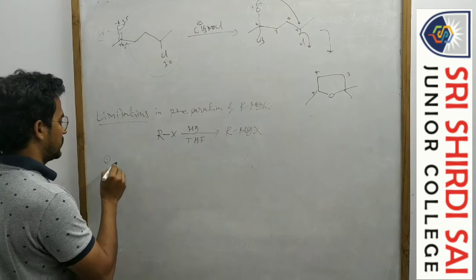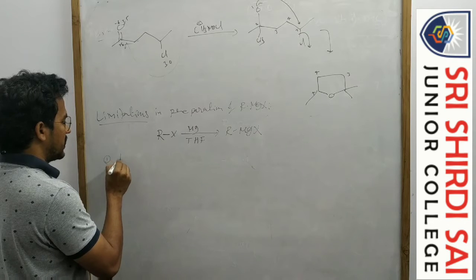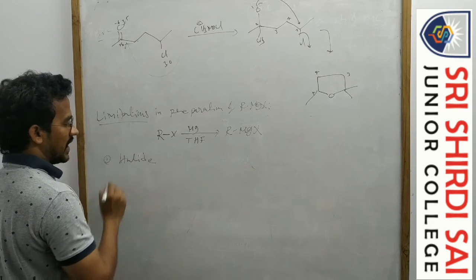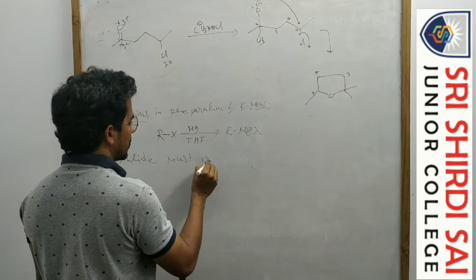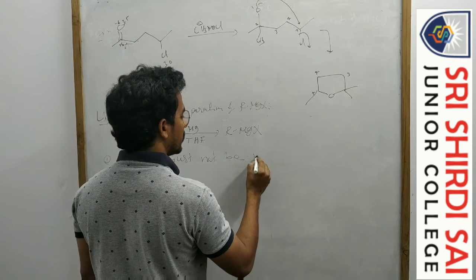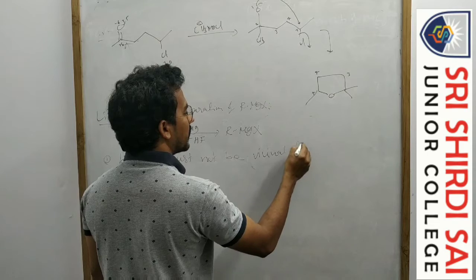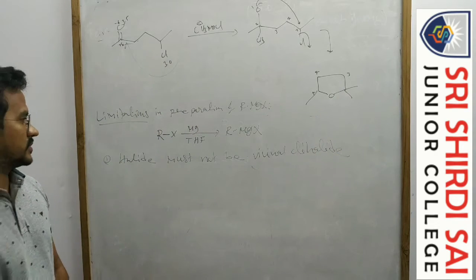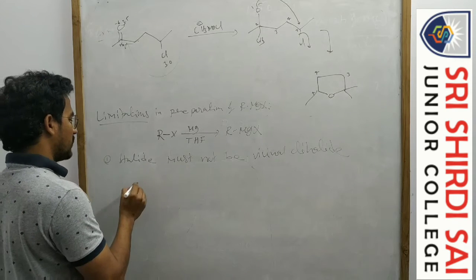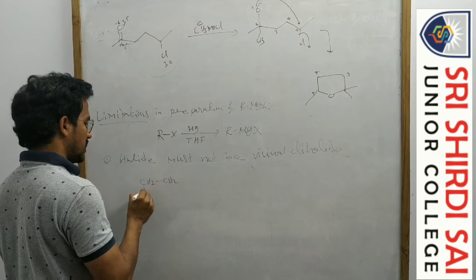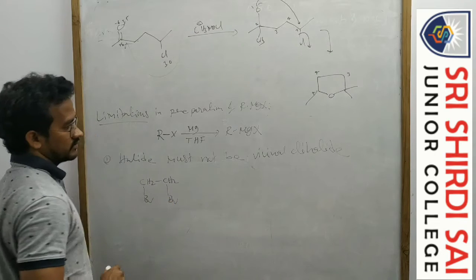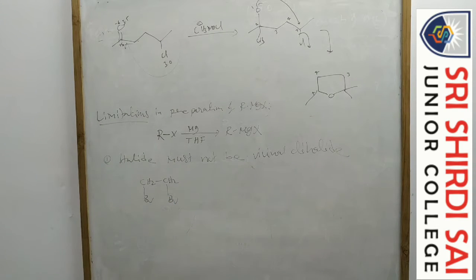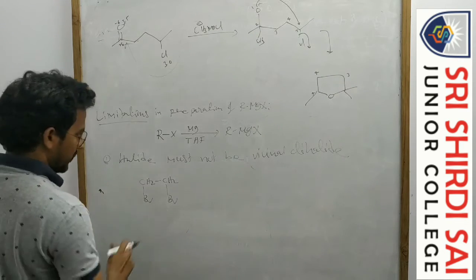Now the first limitation: the alkyl halide must not be a vicinal dihalide. What is the problem with a vicinal dihalide? For example, BrCH2-CH2Br.